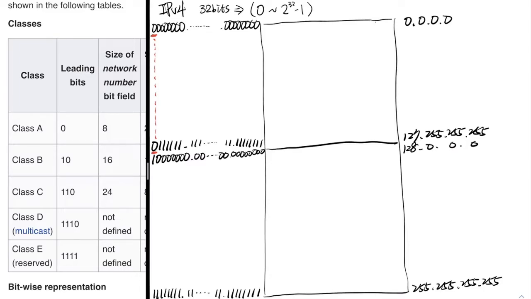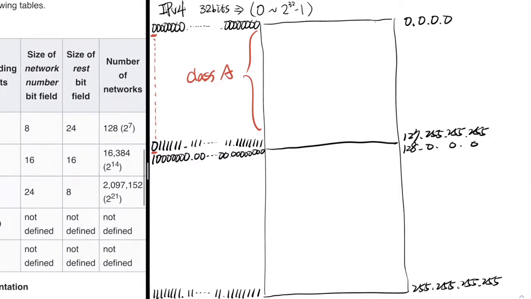In the definition of the classful IP network, we call it class A. Let's take a look at the left-hand side, the first row. It says that for IP addresses in class A, the leading bit is 0, so that is the top half.